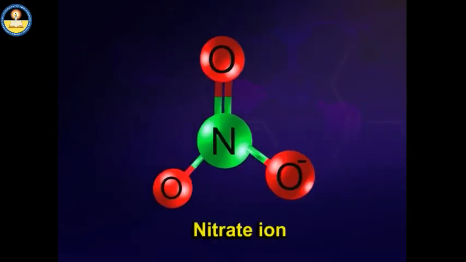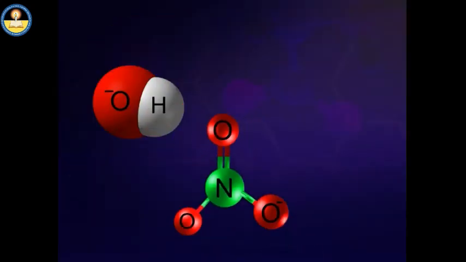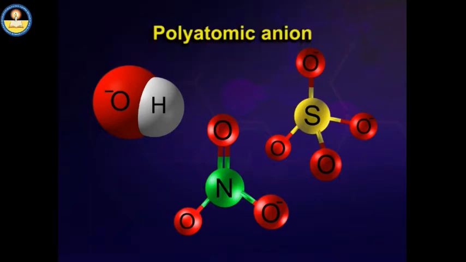Nitrate ion, that is NO3-, ammonium ion, that is NH4+, etc., are examples of polyatomic ion. An anion which has more than one kind of atoms of elements is called a polyatomic anion.